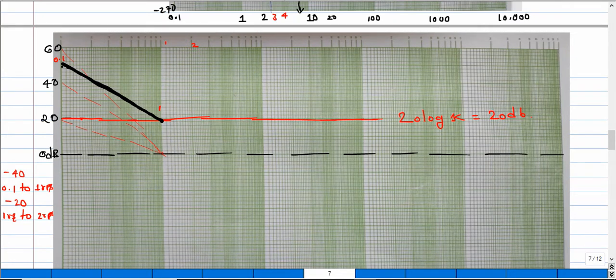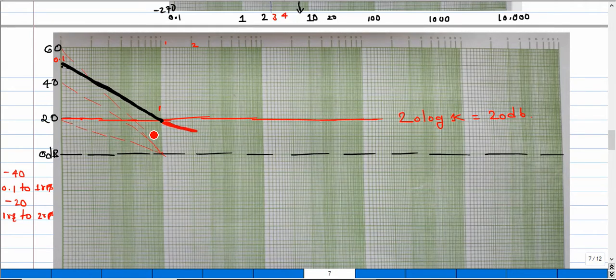So we shall draw from here to 2 rps parallel to this, and see where it will intersect. We had a 20, and now parallel to this, that is done.